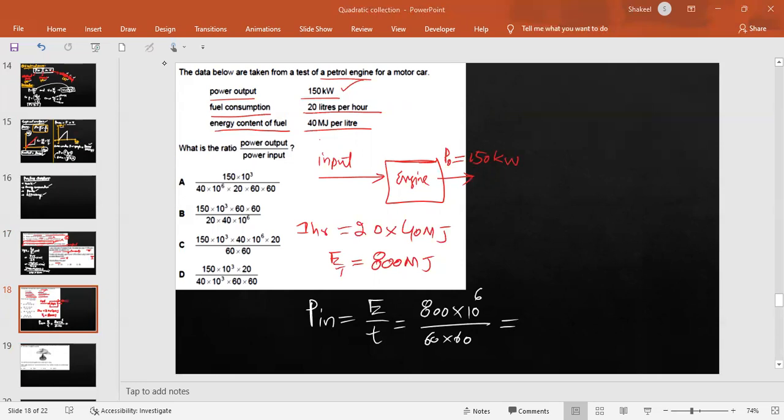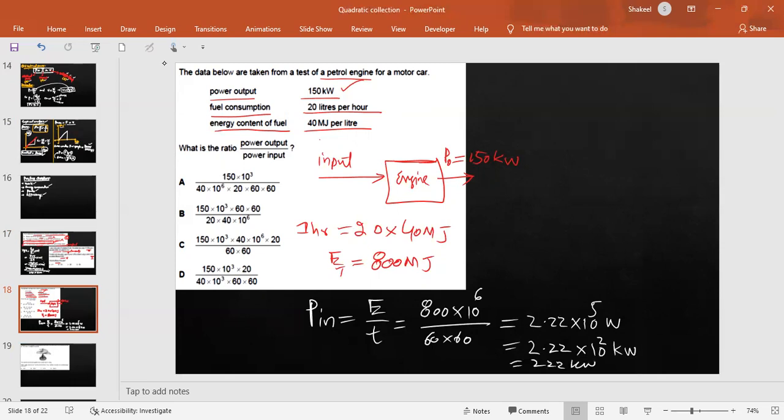So you have to find the power then. Let me calculate it. It is 800 divided by 3600, and that is 2.22 into 10 power 5 watt. If you convert it into kilowatt, it is 2.22 into 10 power 2 kilowatt, or you can say 222 kilowatt.